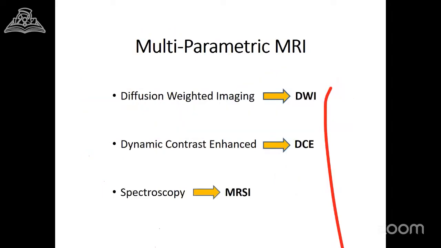Multi-parametric MRI combines key functional techniques, including diffusion-weighted imaging, or DWI, dynamic contrast enhanced imaging, or DCE, and MRI spectroscopy, or MRSI. Together, these sequences improve lesion detection and characterization of prostate cancer.